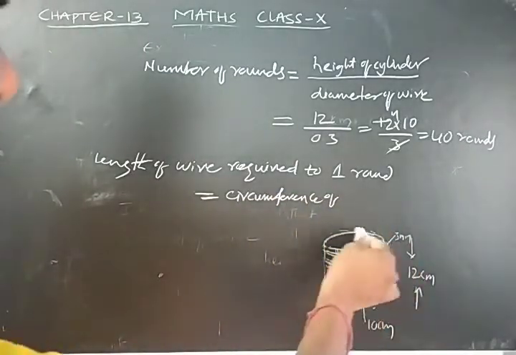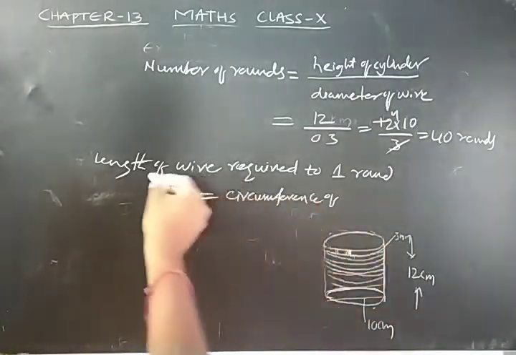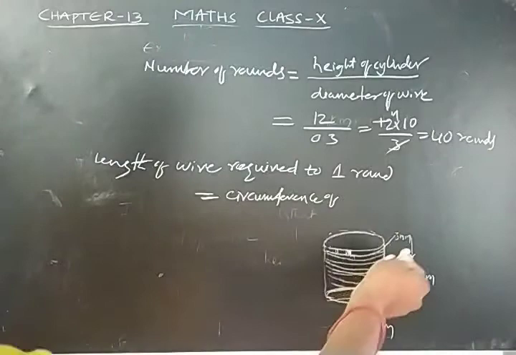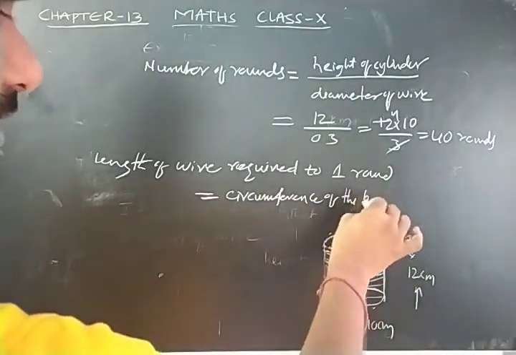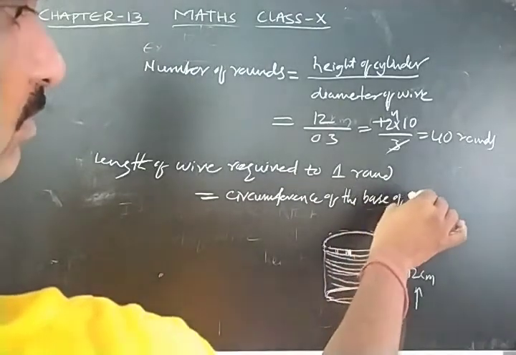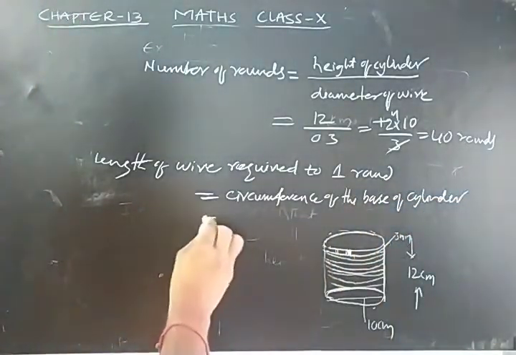Why? Because we are using the wire around the cylinder, no? So the length of the wire will be equal to the circumference of the base of the cylinder. What is the circumference? It is equal to 2 pi r.